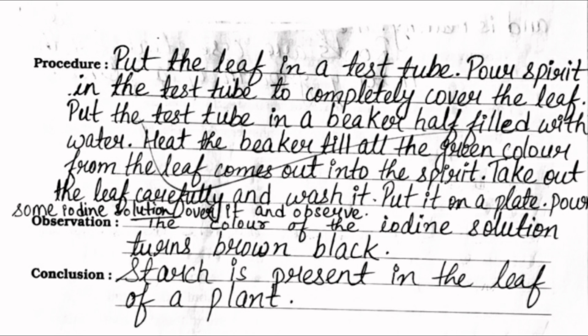Now the procedure is, put the leaf in a test tube, pour spirit in the test tube to completely cover the leaf, put the test tube in a beaker half filled with water, heat the beaker till all the green color from the leaf comes out into the spirit, take out the leaf carefully and wash it, put it on a plate, pour some iodine solution over it and observe. The observation is, the color of the iodine solution turns brown-black. Conclusion, starch is present in the leaf of a plant.